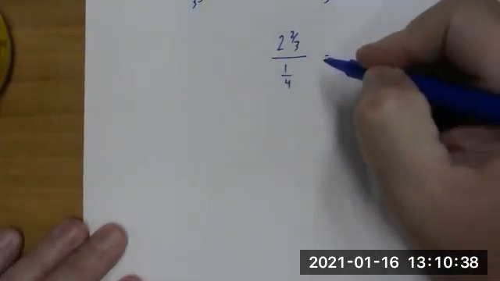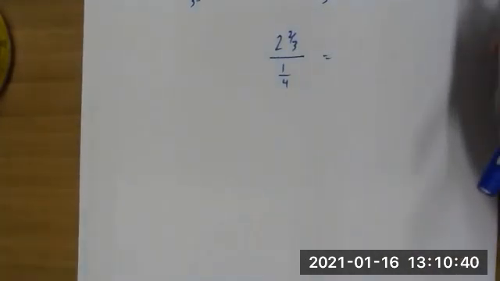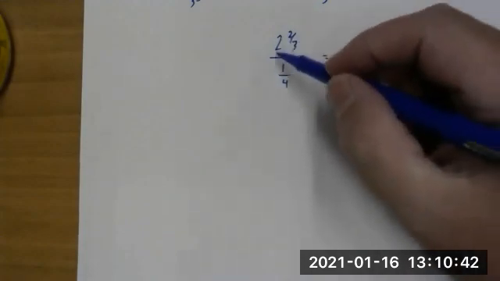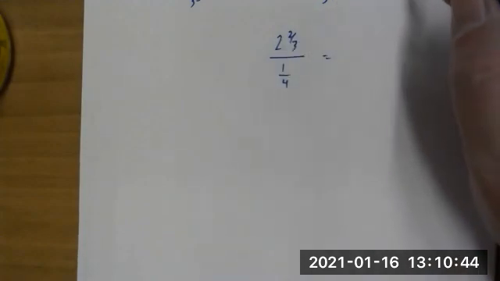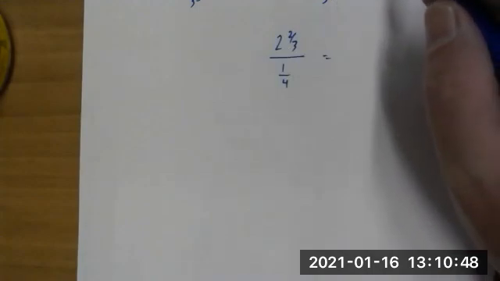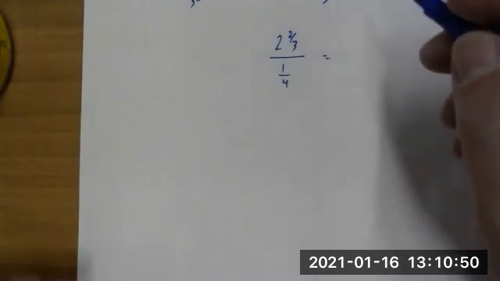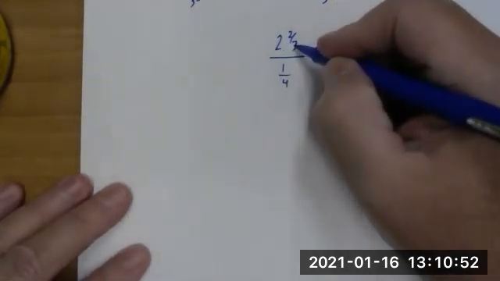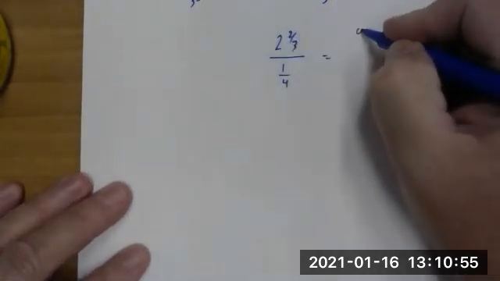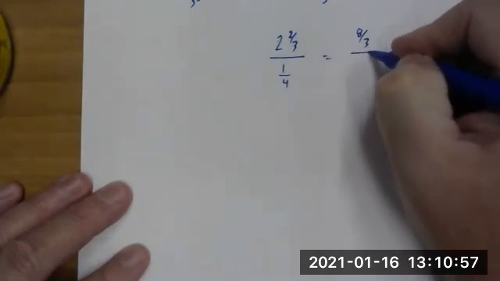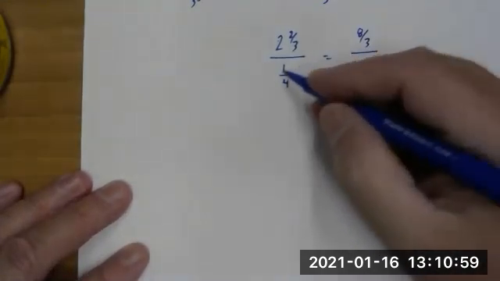First thing you would do, I said a few minutes ago, mixed numbers, we hardly ever do any kinds of calculations with a mixed number. You always need to first convert it to a fraction. So if you recall, 2 times 3 is 6, plus 2 is 8. 2 2/3 is 8/3.